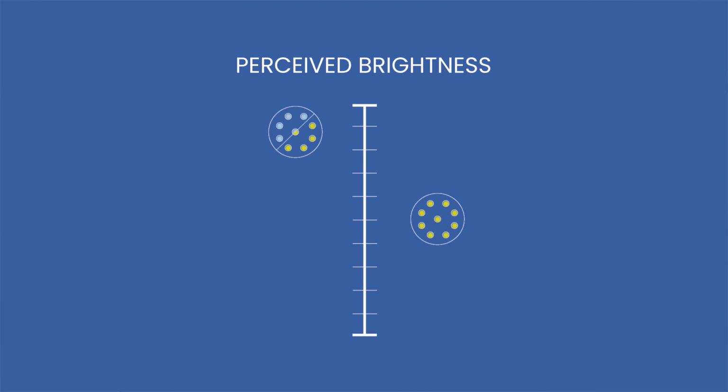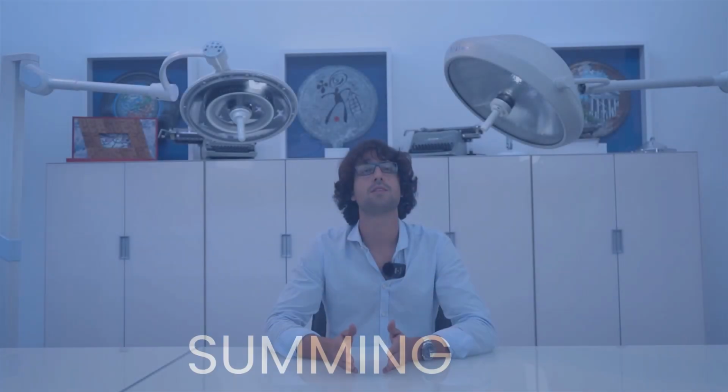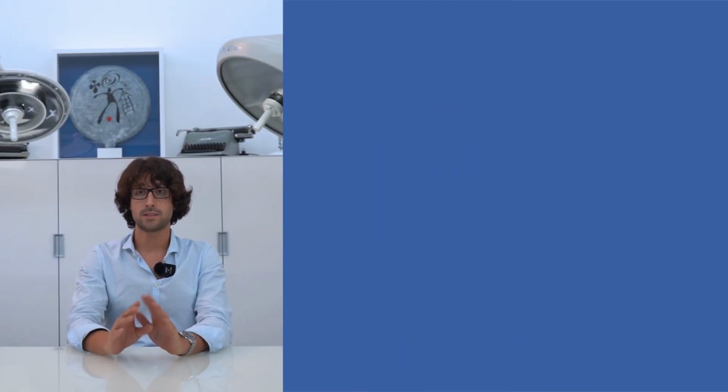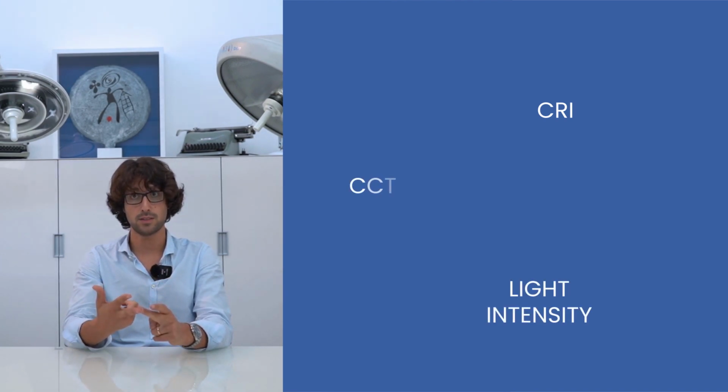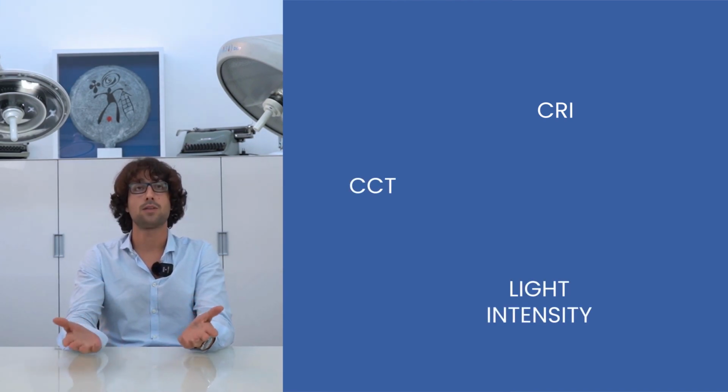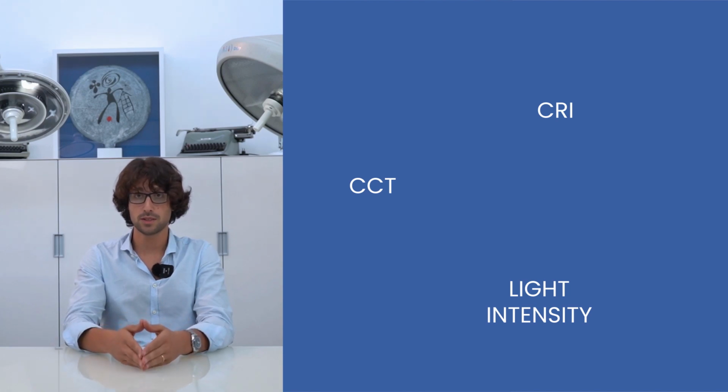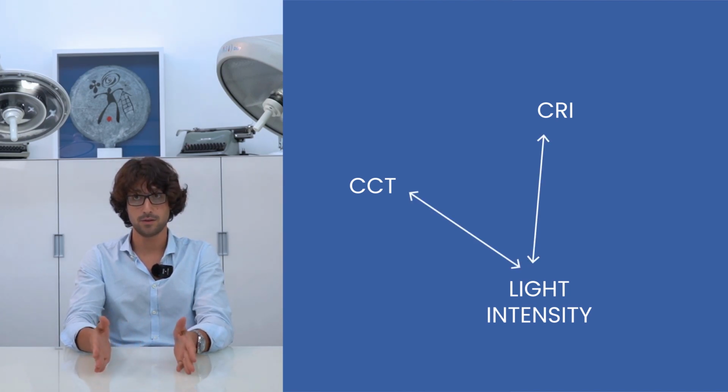This perhaps does not have as much relevance with operating room use, yet it allows us to demonstrate an interconnection and interdependence between these two factors. It has in fact been demonstrated how these three elements, color rendering, luminous intensity, and color temperature, are interrelated and in a certain sense interdependent aspects.